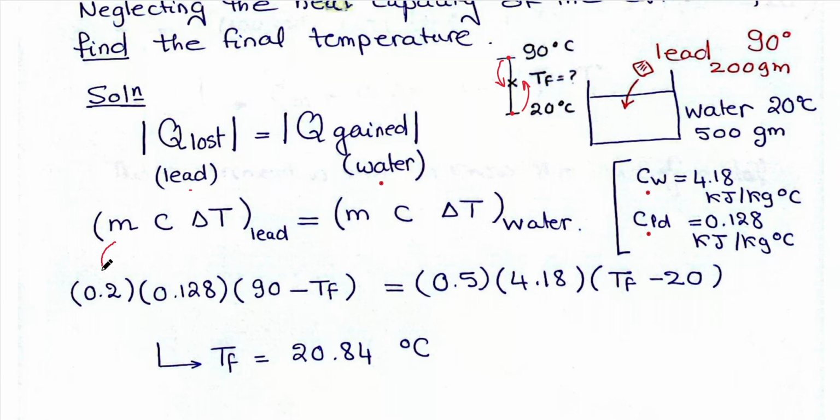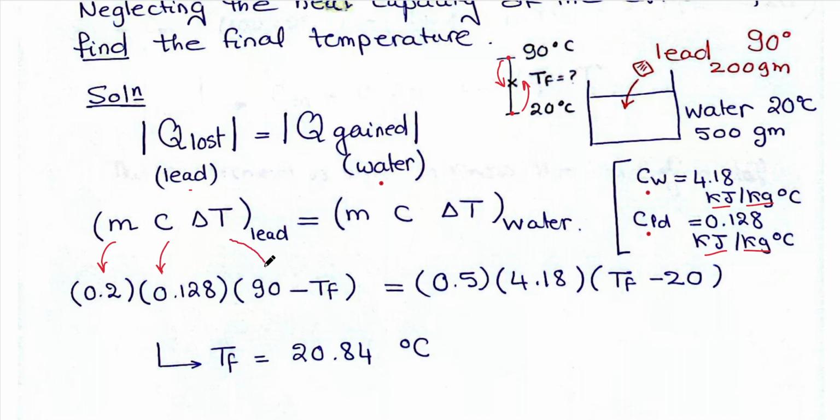Mass of lead, instead of grams, you put it in kilograms. C of lead, it will be kilojoule per kilogram. Kilojoule per kilogram is okay if it is kilojoule in the left-hand side of the equation and kilojoule in the right-hand side of the equation.